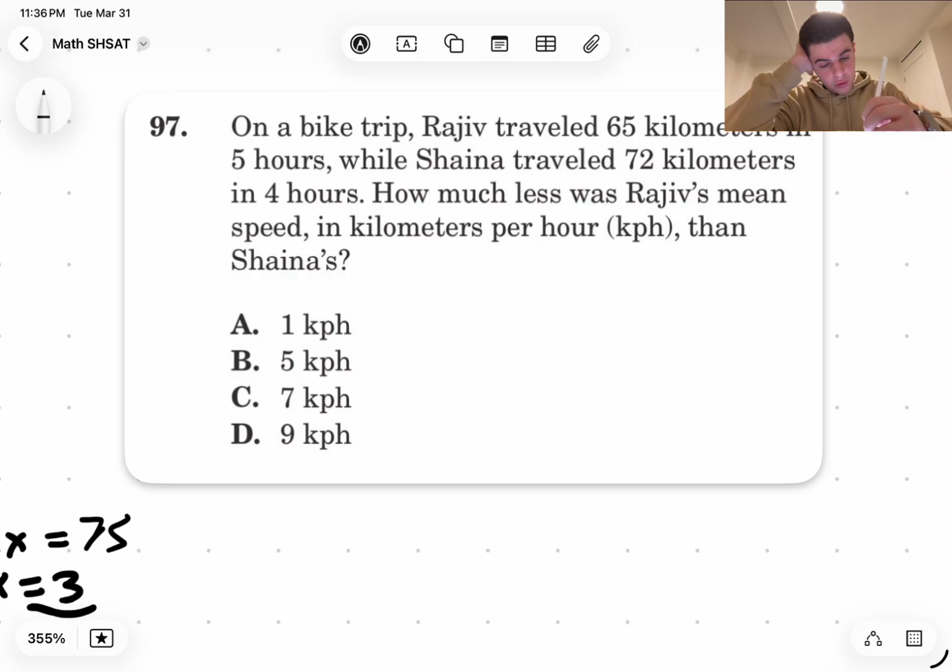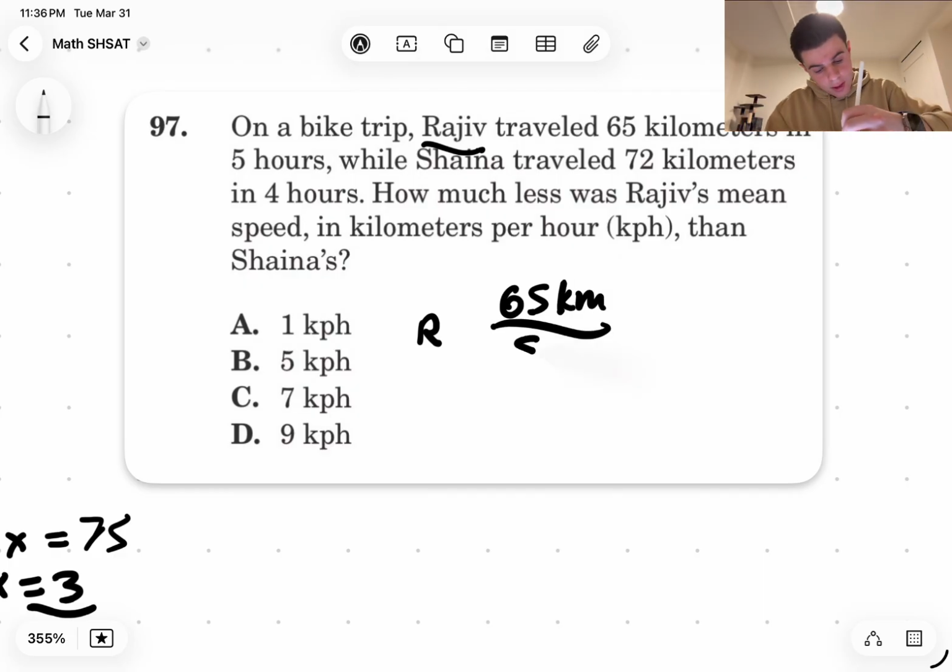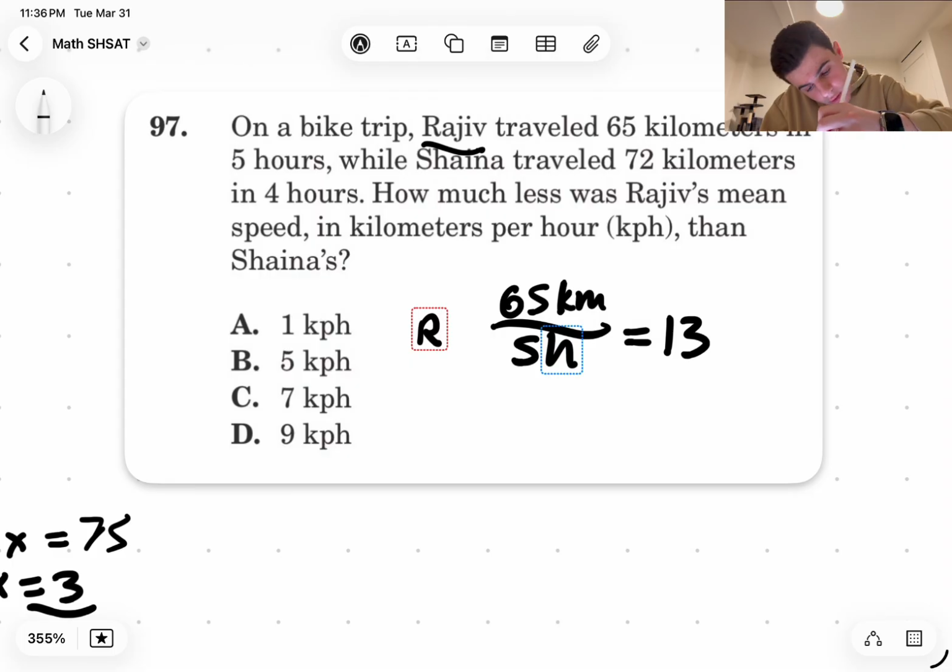So we know that Rajiv, which I'll just write as R, traveled 65 km in 5h, 5 hours. And I'm writing my units here. I'm not forgetting that. That's important. And so when you divide that, you're just going to get 65 divided by 5, which is 13 kilometers per hour.